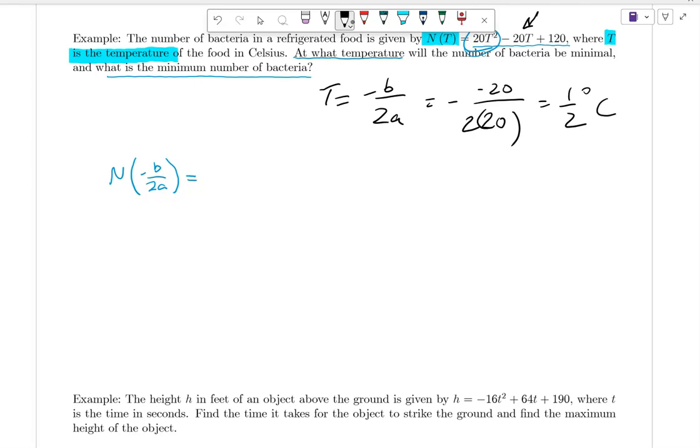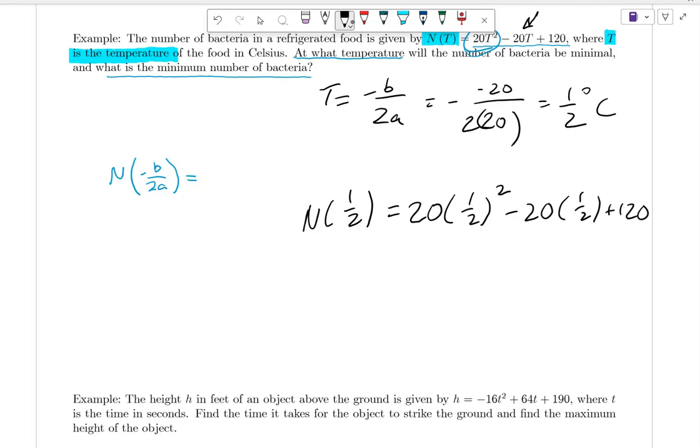All right. So this is the minimum temperature. What do I do with that number now to figure out the minimum number of bacteria? You plug it back into the function. Good. So the number of bacteria will be n of a half. So you get 20 times 1/2 squared minus 20 times a half plus 120.